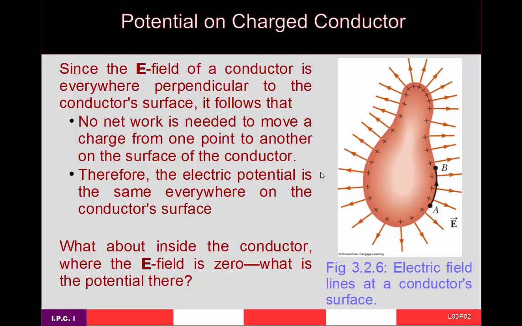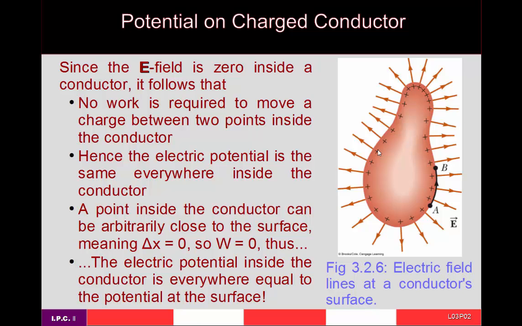As a simple proof that every layer within the conductor is equipotential with every other layer, we already know that there's no work to move from one point to another point within the same surface.